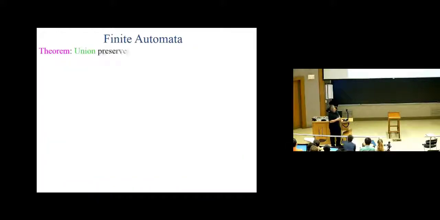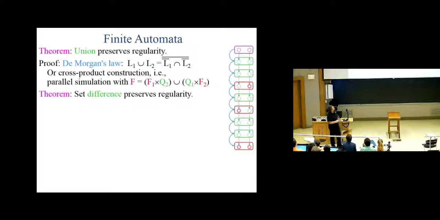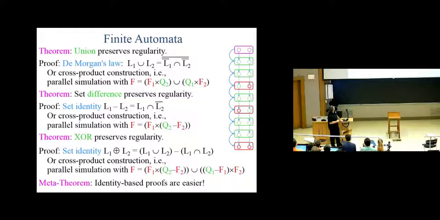But from the cross-product construction, what we did very quickly is prove a whole bunch of other theorems in quick succession. One of them was set difference: the difference of two languages preserves regularity. If two languages are regular, the difference is regular too. Why? Because of a set identity: L1 minus L2 is the same as L1 intersect the complement of L2.